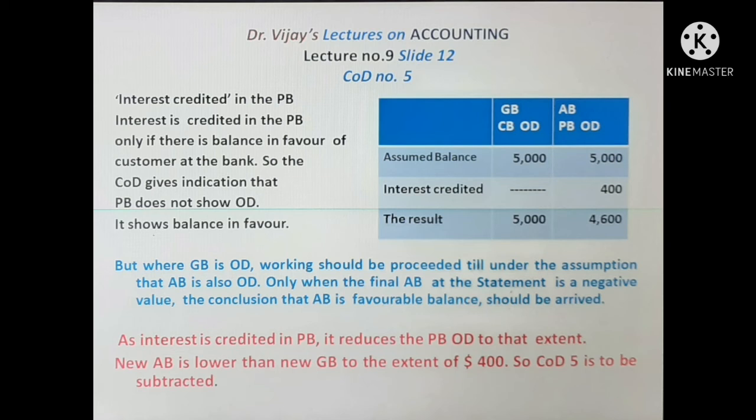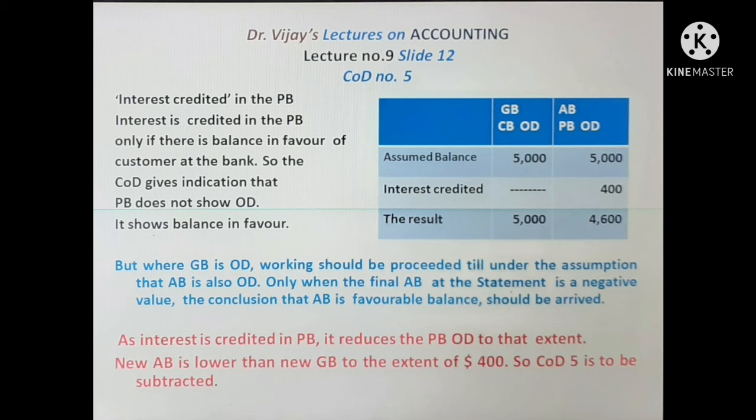Read the second paragraph. Where the GB is OD, working should be proceeded till the end under the assumption that AB is also OD. Look here in the problem, so far we have been assuming that passbook also has OD. As cash book has OD, we are assuming that passbook is also OD.